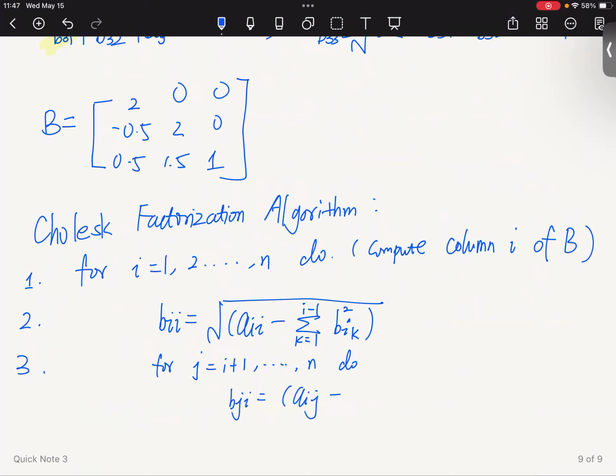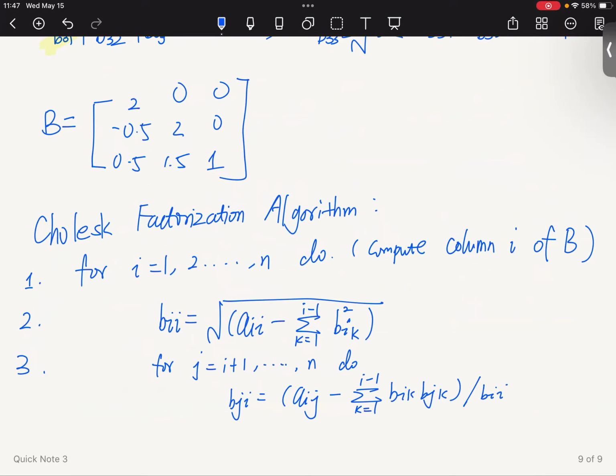AIJ minus, these are some numbers we already know from the previous iteration, BIK, BJK. You will see the K is just smaller than or equal to I minus 1. And this is some value we already know from the previous iteration. And then divided by the BII.